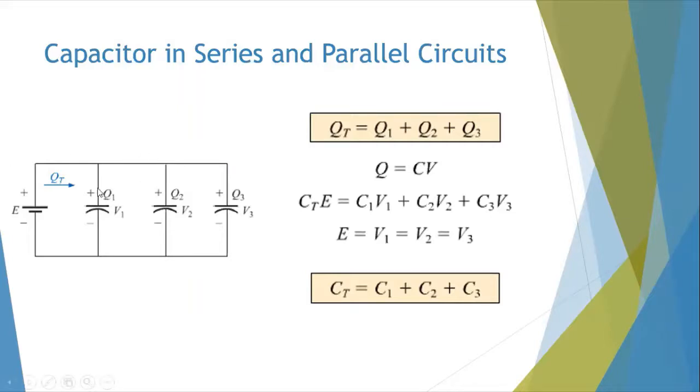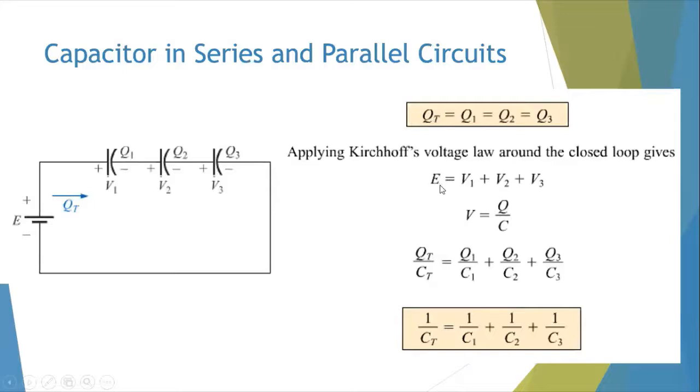Since the current is being split into different paths, the sum of these currents gives the total current. In a similar way, total charge is going to be the sum of the charges. So when you connect the capacitors in parallel, the sum of the charges is equal to the total charge. It is different to what we had earlier for the series one.